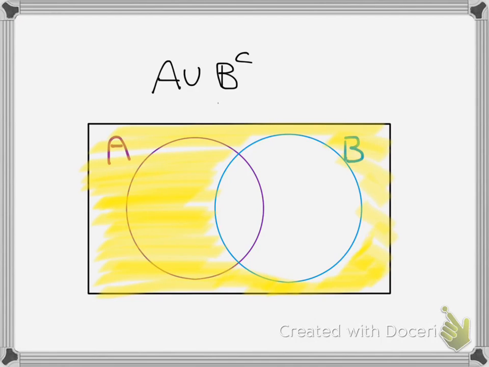We're happy if we have anything that's not in B. We're also happy if we have A. That does not mean that we have to eliminate this part of A, because this football region right here, isn't that also a part of A? So that now is part of our union. If we were talking intersection, we would not have shaded that in.